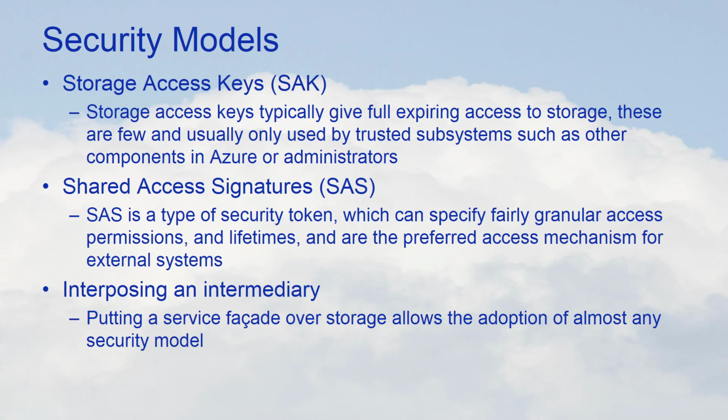Shared access signatures, by comparison, are a type of security token where you can be very granular in specifying not only permissions, but how long the token lives. And those have to be generated by calling an API. In other words, they have to be part of a code chain.